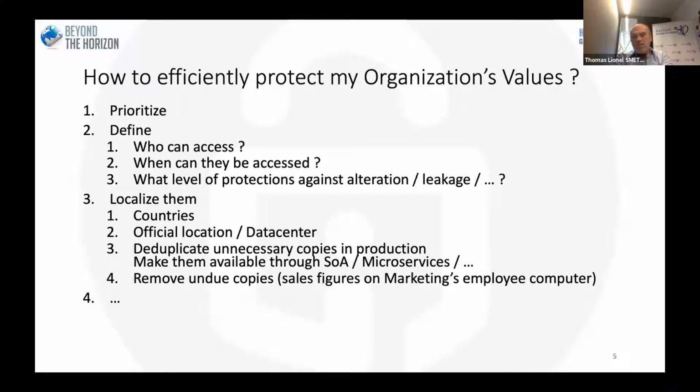Okay, so for fintechs, everything related to the banking world will be a top priority, that's for sure, but there will probably be supporting services which will be of least importance.